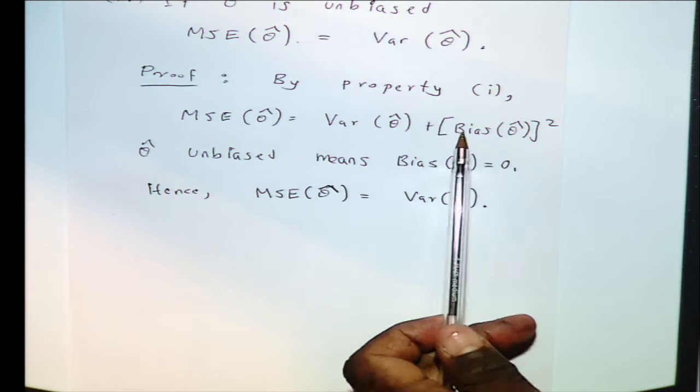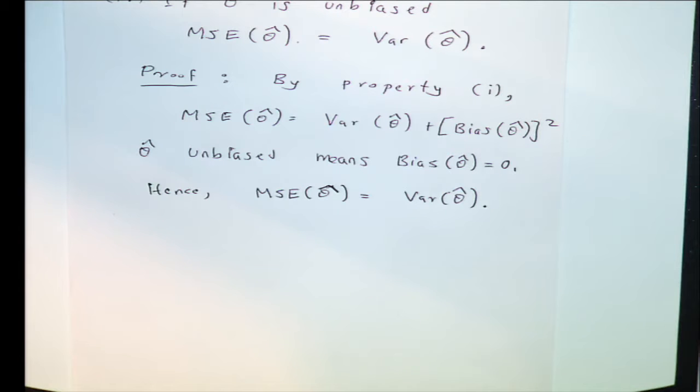That means this term is 0, and therefore the MSE is equal to the variance. Okay? So these are the 4 properties.